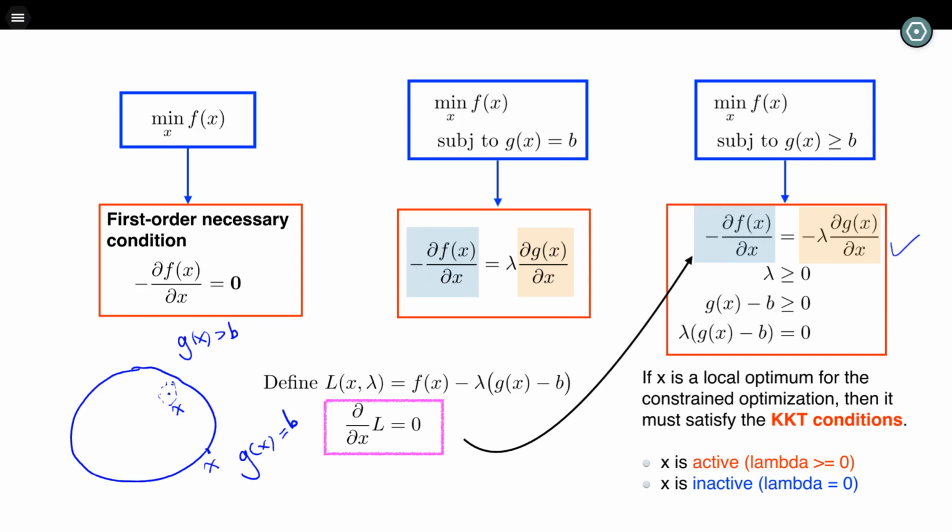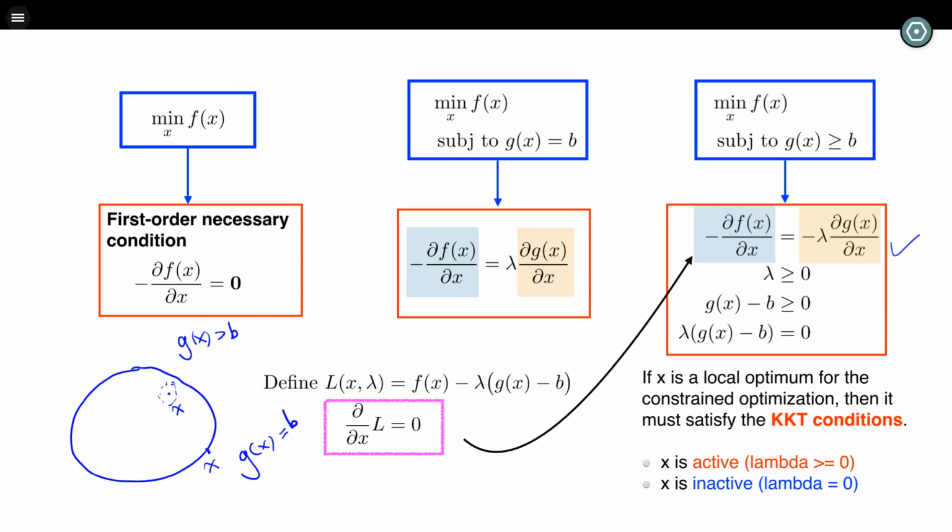So we can actually put two cases together by also allowing lambda to be zero. Lambda could be zero in this case too. But if g(x) is strictly bigger than b, lambda has to be 0. So you put these together.